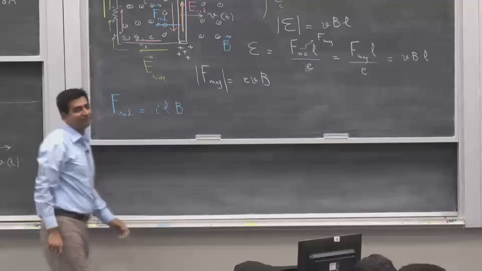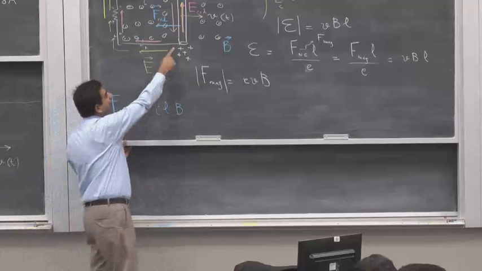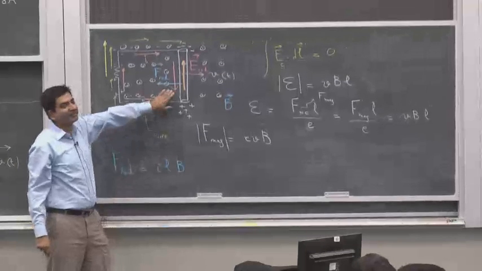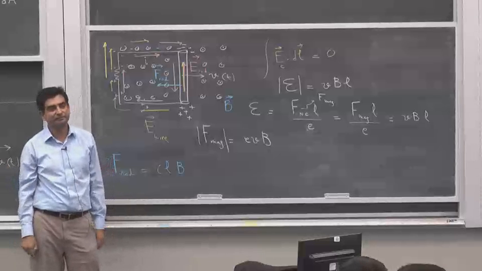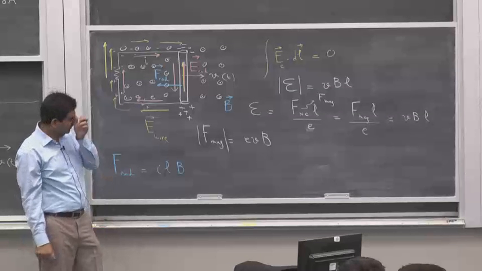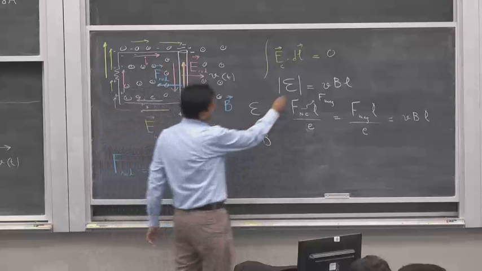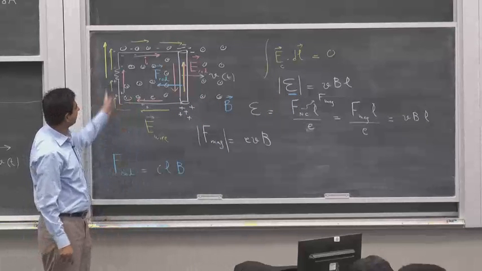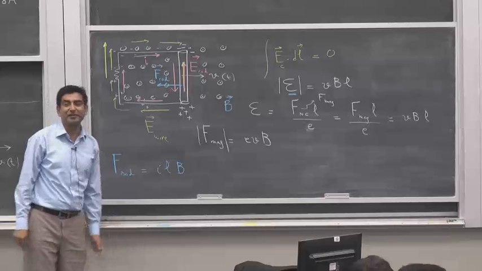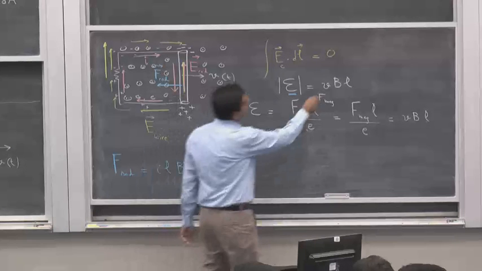ILB. Now let's look at this rod. This rod is experiencing an unbalanced force towards the left. Therefore, if you would like EMF to be constant, which means that the current through this circuit to be constant with time, you would like the speed to be constant.